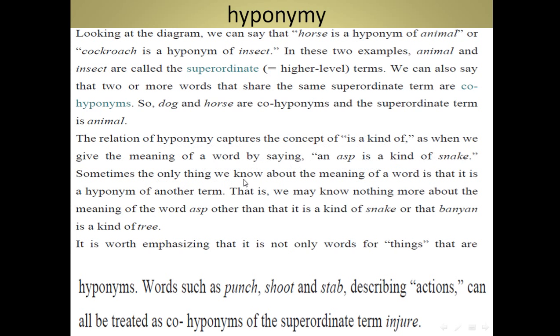Sometimes the only thing we know about the meaning of a word is that it is a hyponym of another term. That is, we may know nothing more about the meaning of the word asp other than that it is a kind of snake, or that banyan is a kind of tree.